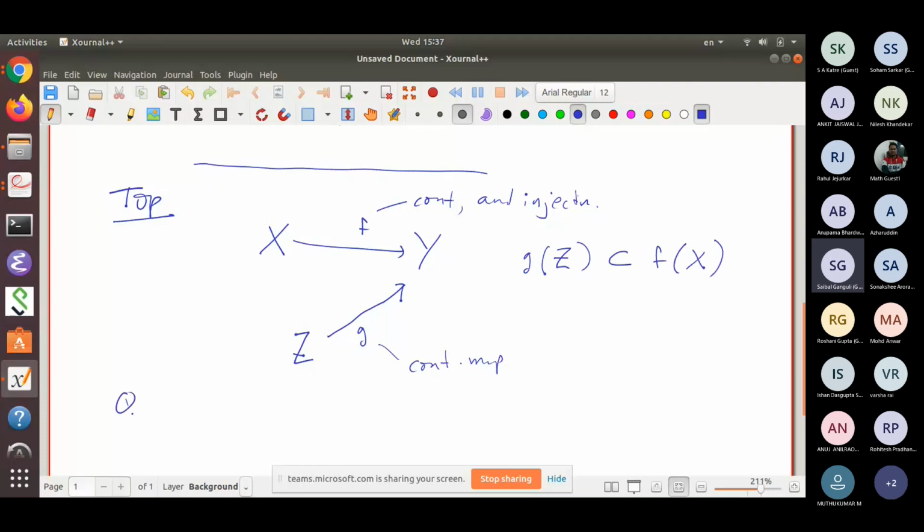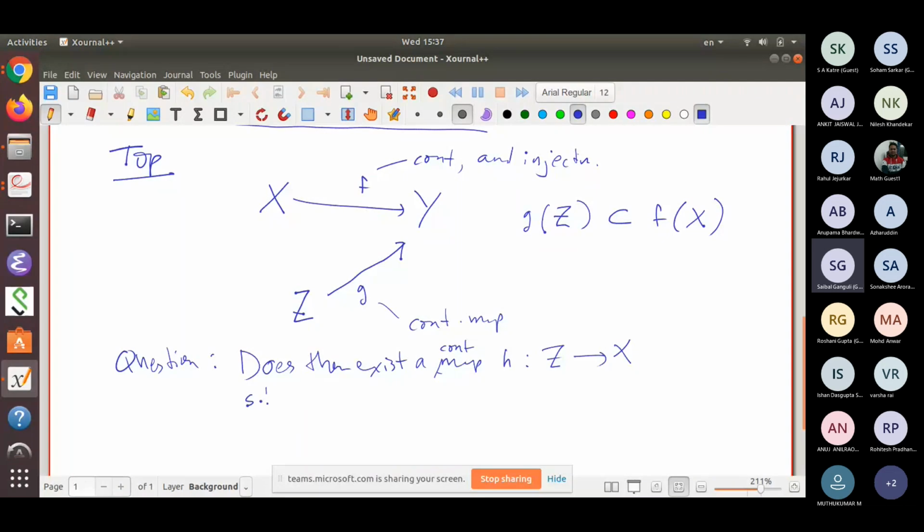Question. Does there exist a continuous map H from Z to X, where now all maps are supposed to be continuous, such that this triangle commutes?